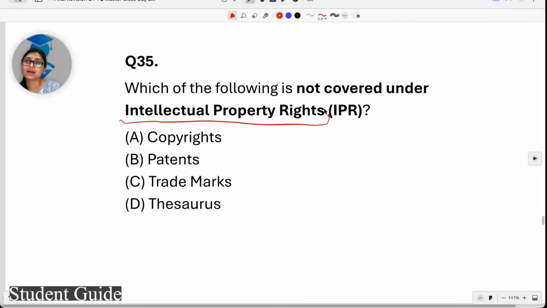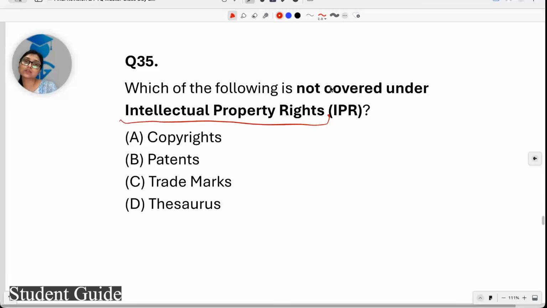For example, you have some research and you have got a patent for it, then others cannot copy it or recreate it without taking proper permission from you. Okay, so intellectual property right is very important and it is a very sensitive matter also.